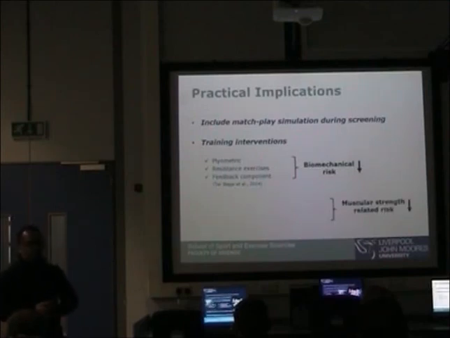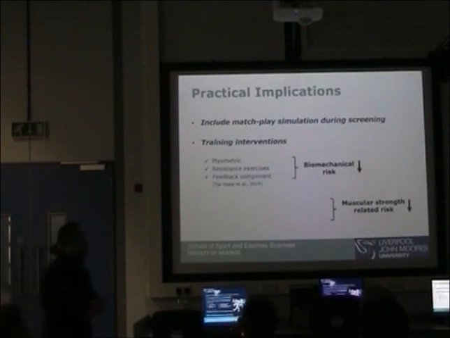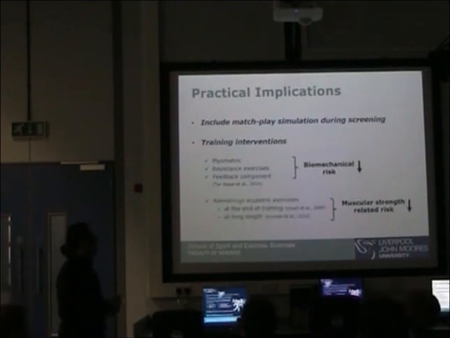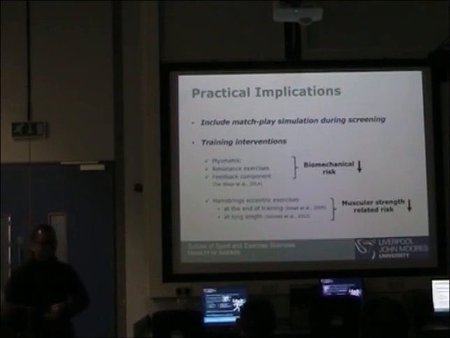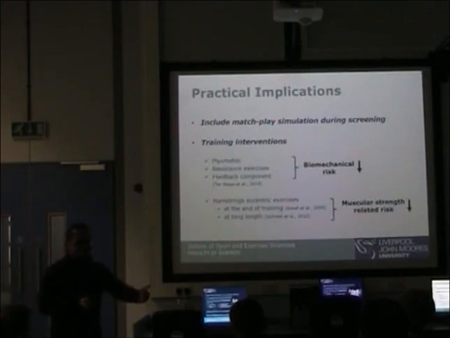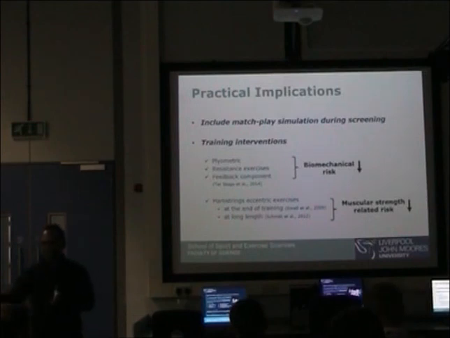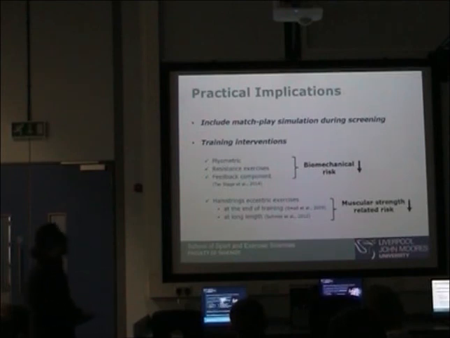Training interventions related to reducing muscular strength risk factors also suggest that training the hamstrings eccentrically during the later part of training, or during the fatigue stage with long legs, is likely to contribute to better adaptation to reduce the risk of injuries.